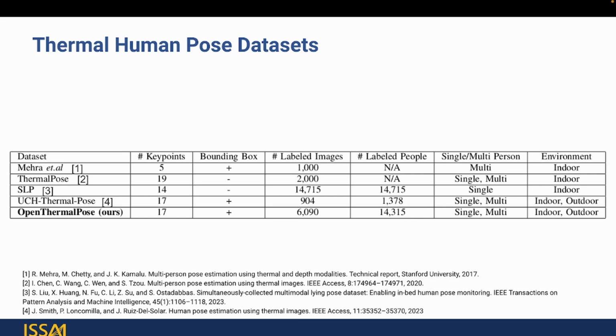In contrast, our OpenThermalPose dataset significantly expands available data with 6,090 thermal images from varied environments, annotated with 17 key points and bounding boxes, making it the most comprehensive thermal HPE dataset currently available, particularly notable for its diversity and scale.